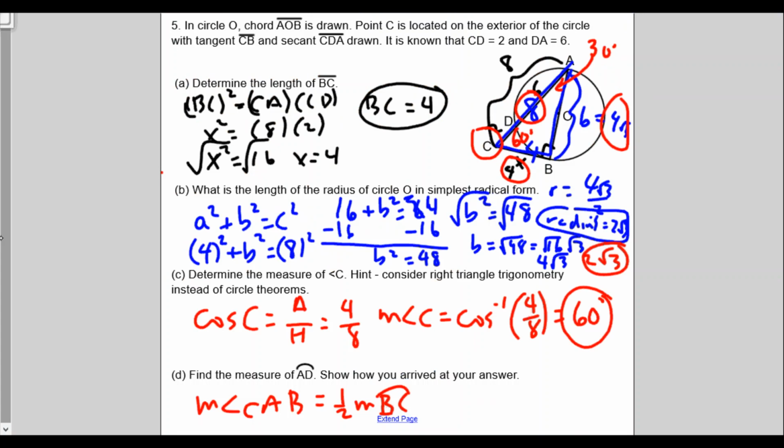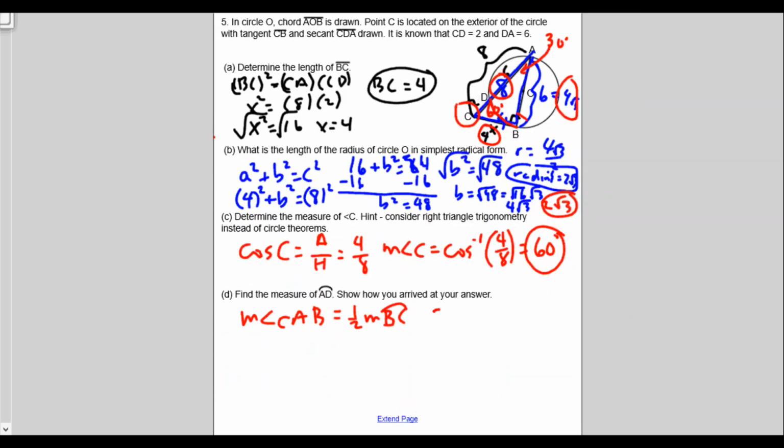It's very messy, but in this case the angle measure is 30 degrees, and we're looking for arc DB, this arc here. So that means we calculate 30 is equal to 1/2 of the measure of arc BC.